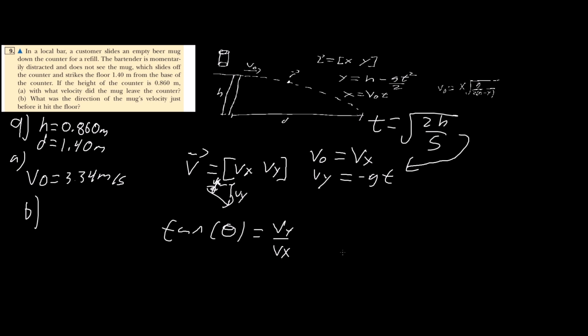If you define that to be the angle, it's really just plugging in the V naught there, and then the gt, or in this case, ignoring the magnitude, g times the square root of 2h over g, or in this case, if you want to simplify this, the square root of 2gh.